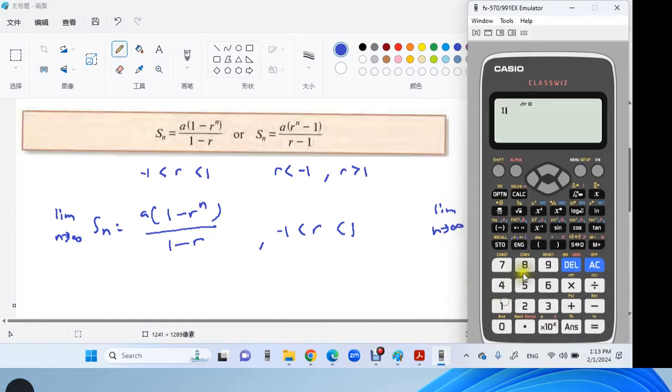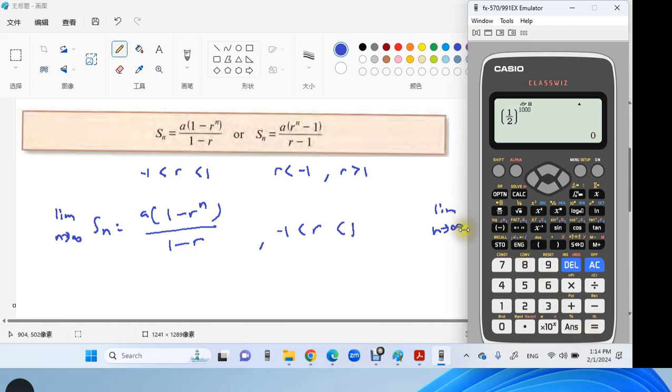Let's say r is half. When I raise it to the power of 10, it becomes a very small number. If I power it to 100 and 1000, it approaches 0.